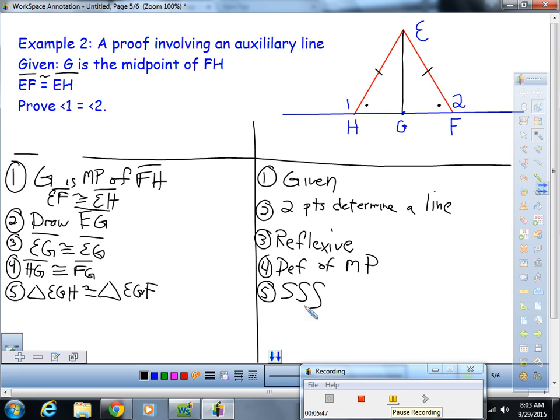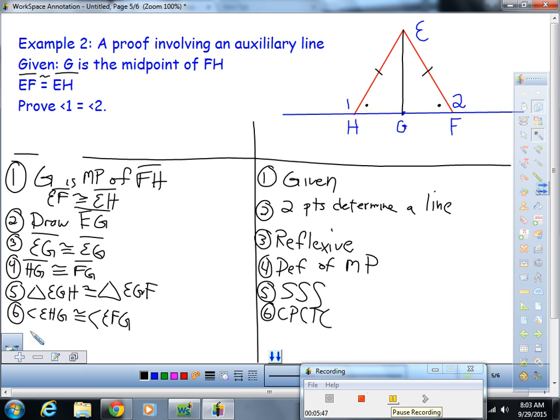Okay? So now I know that angle EHG is congruent to angle EFG, and that's CPCTC.